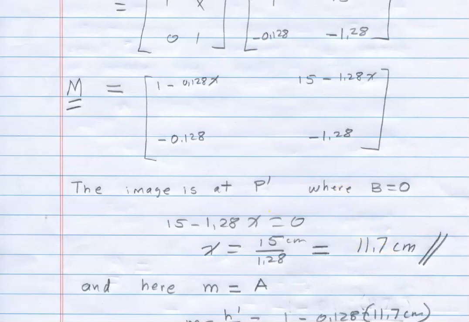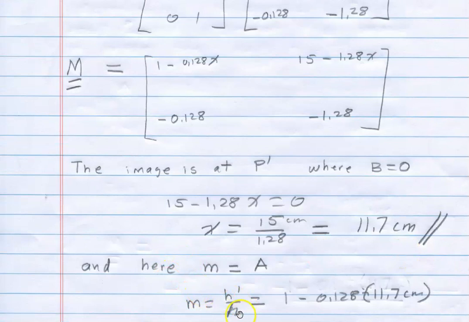And then when B vanishes, the magnification is whatever the value of A is. Here's the value of A, but now I have to be at the point where the image is cast. The 11.7 is x.